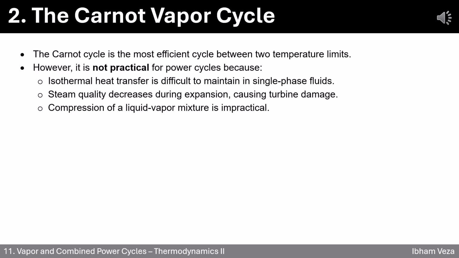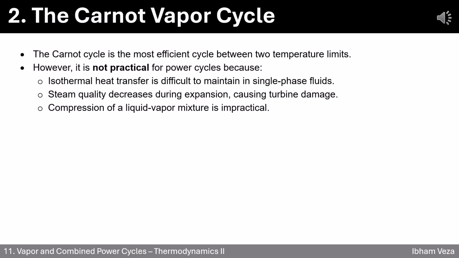Why? First, the Carnot cycle requires isothermal heat transfer, meaning heat must be added or removed at a constant temperature. This is very hard to achieve when you're dealing with fluids that change phase, like water turning into steam. Second, the steam quality drops during expansion. This means more water droplets form in the steam, which can damage turbine blades, something we definitely want to avoid.